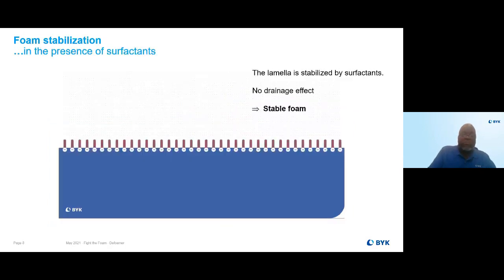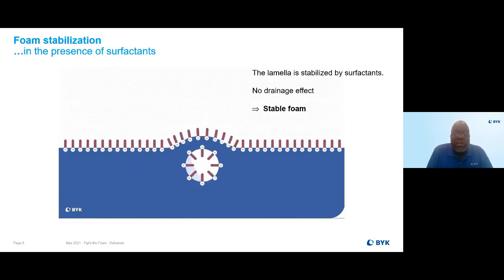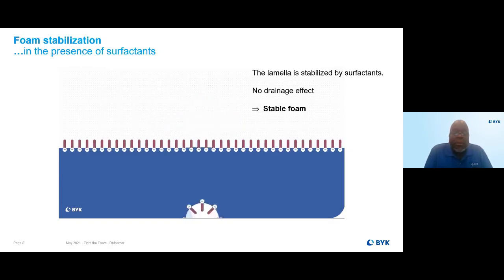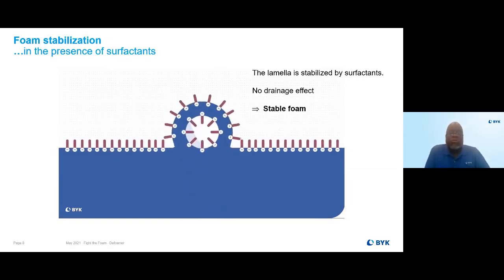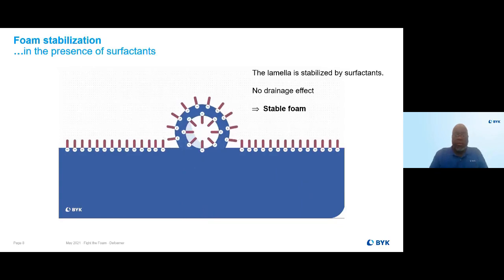However, once surfactants are added to the system, at the air and liquid phase, the bubble is stabilized by the surfactant molecules, and no drainage is possible. So the foam stabilizes and you have foam.